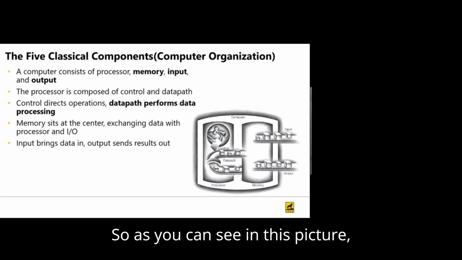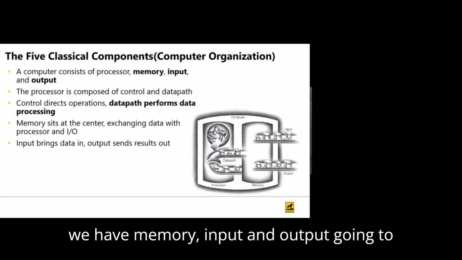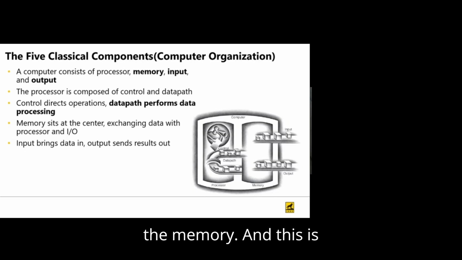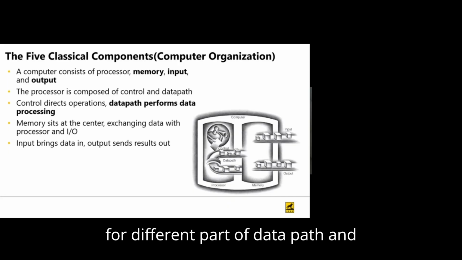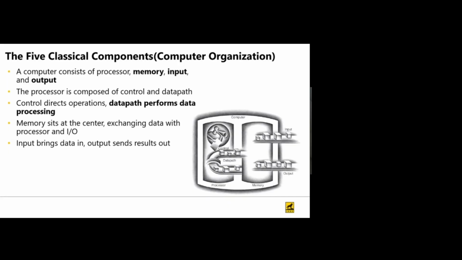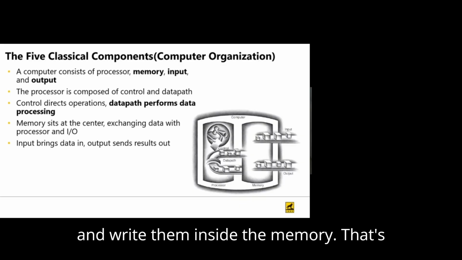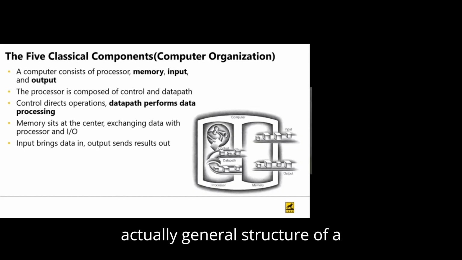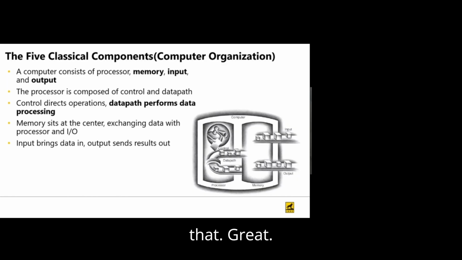As you can see in this picture, we have memory, with input and output going to the memory, and this is the processor, the control part, controlling everything, making signals for different parts of the data path, and the data path is actually executing on that data, making new data and writing it inside the memory. That's the general structure of a very simple computer. It works like that.